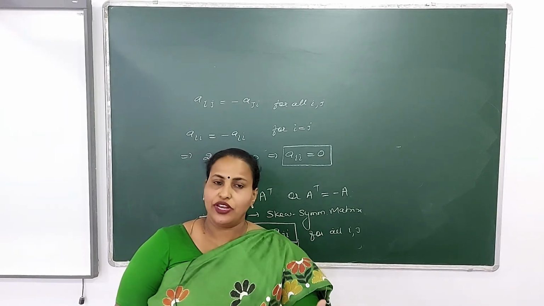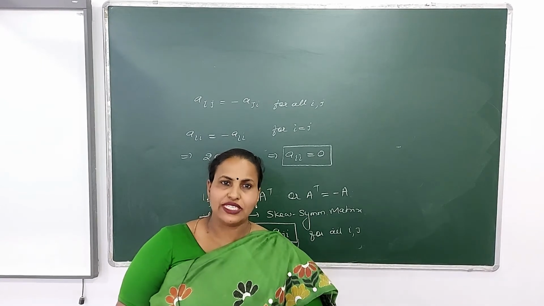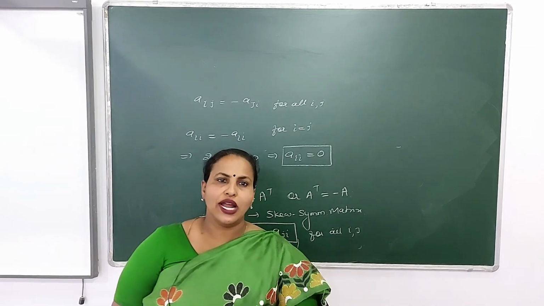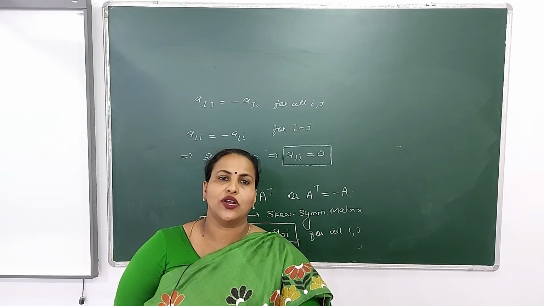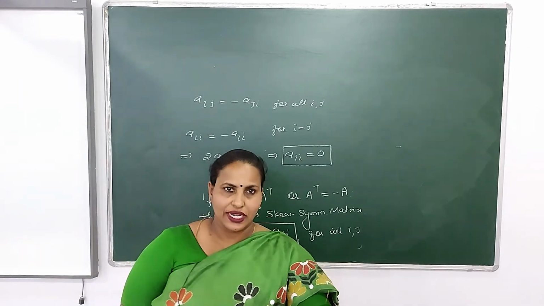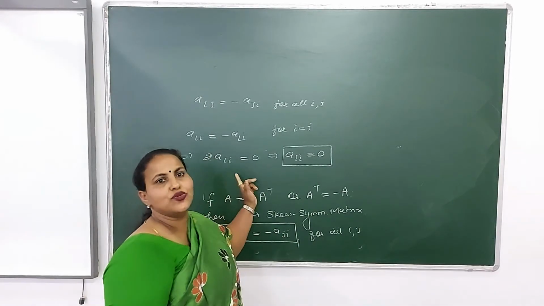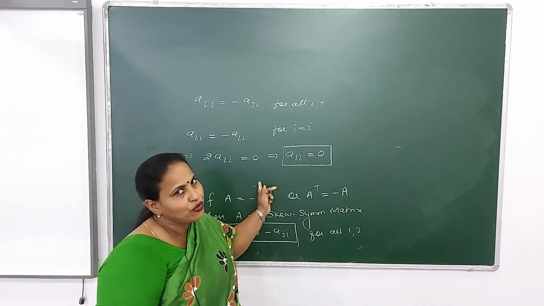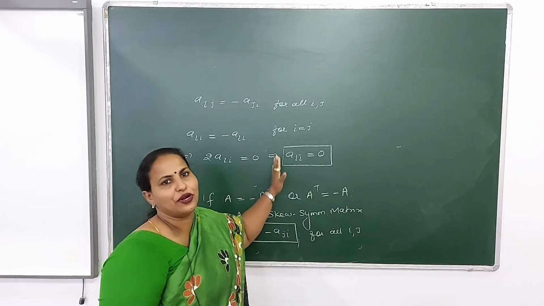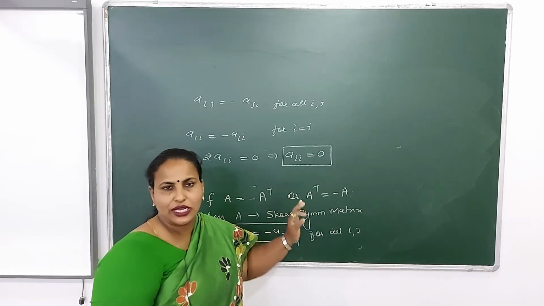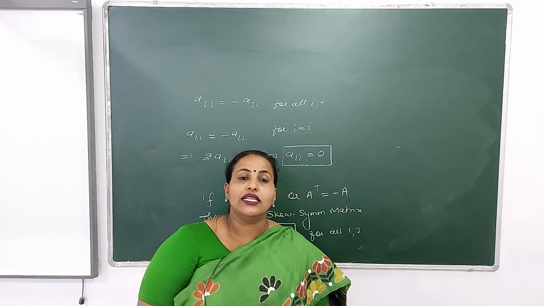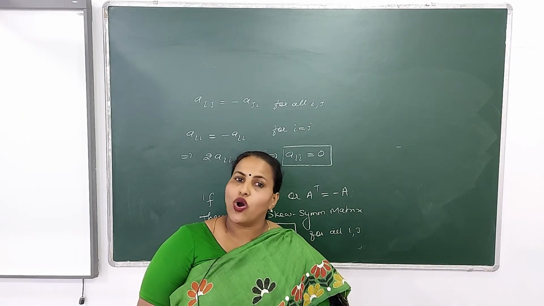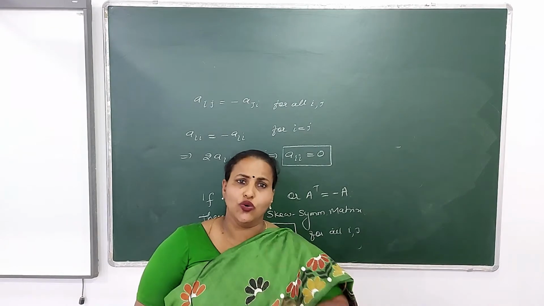This is again a very important question that comes in board examination. Show that the diagonal elements in case of a skew symmetric matrix are all 0. At that time you need to show this procedure. So the important note here: in case of a skew symmetric matrix, the diagonal elements are all 0.